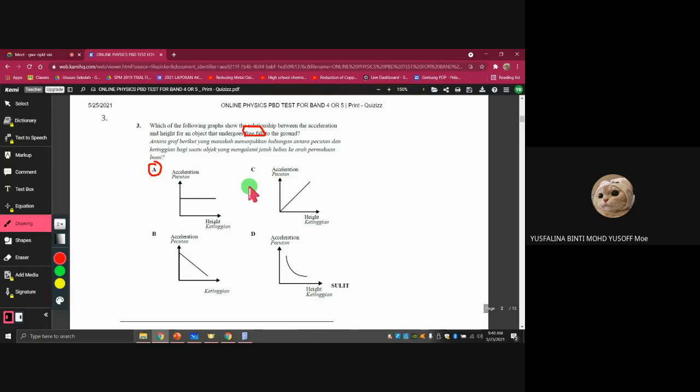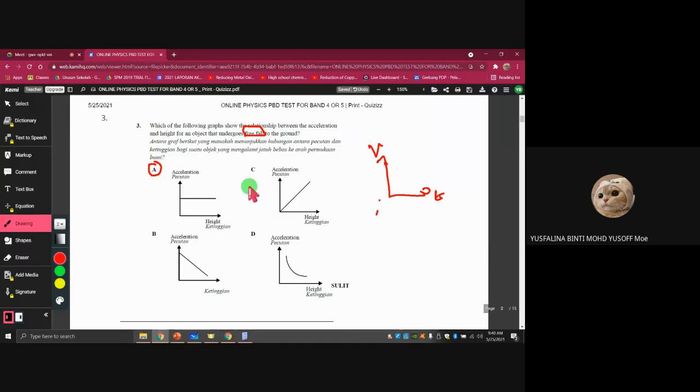But let's say we give you the graph of velocity against time. What is the graph that we produce if we change the graph to V against T? What is the relationship of the graph? Anyone? Let's say the question didn't give you the acceleration against height, they give you the velocity.